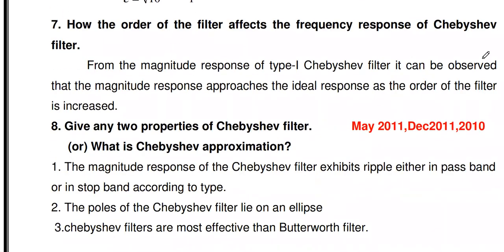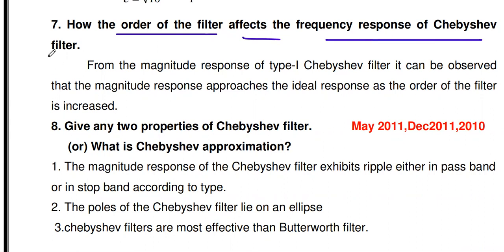Okay, then the next question: how the order of filter affects the frequency response of Chebyshev filter. In Butterworth filter we discussed that if the order increases, the Butterworth filter magnitude response approximates the ideal response. Similarly, what is the effect of order of the filter n in the frequency response?